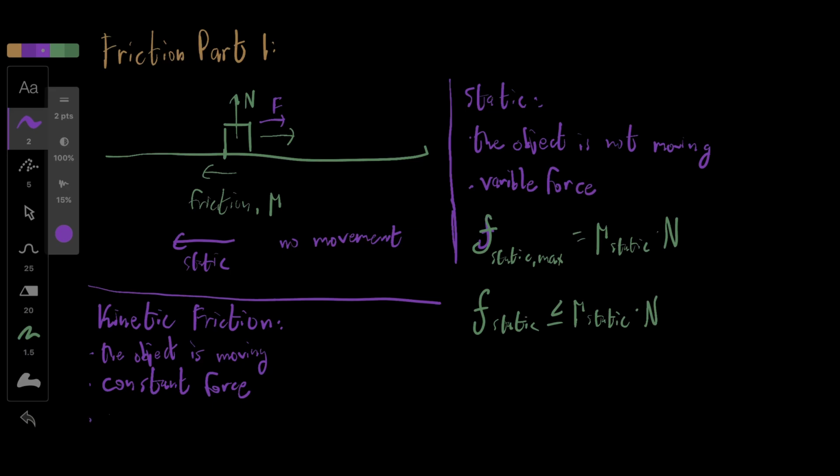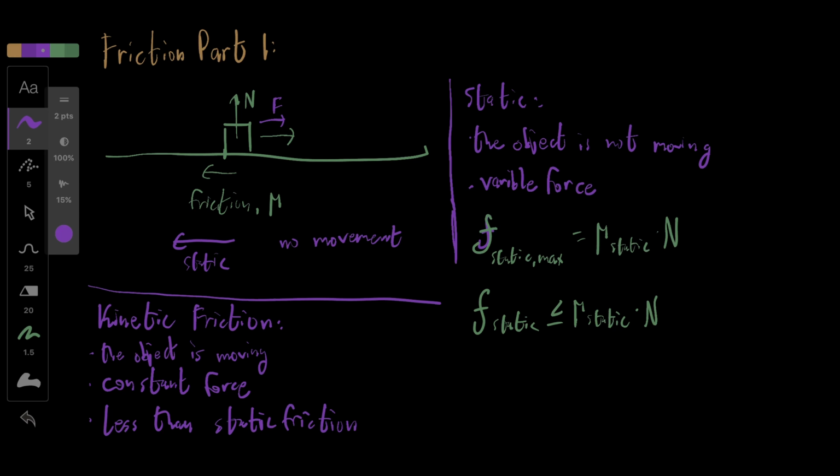But the thing with kinetic friction is it's less than static friction. Because, let's say, we just overcame the force of static friction. And if kinetic friction was more than static friction, that means that we would have to overcome another force to get it to move, because we haven't overcome that force.